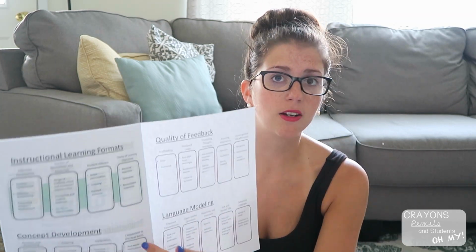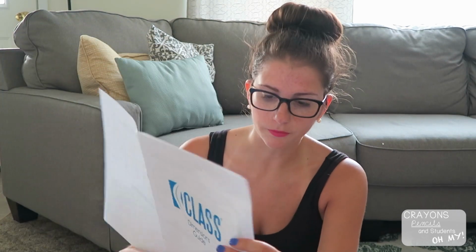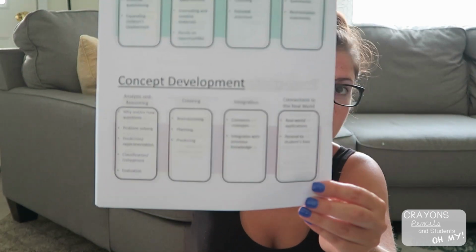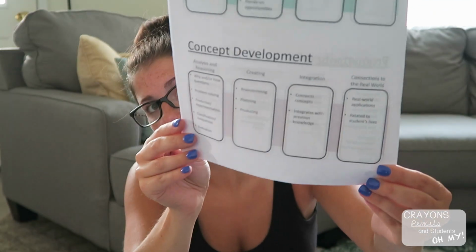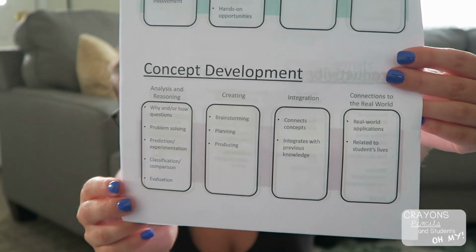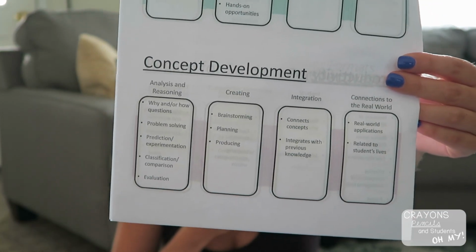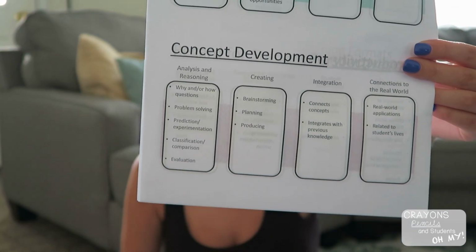The subcategories under the dimension are called the indicators. For concept development, there are 4 indicators. Hopefully you can see that. What you need to do is plan your day and structure it so that you're meeting these indicators.